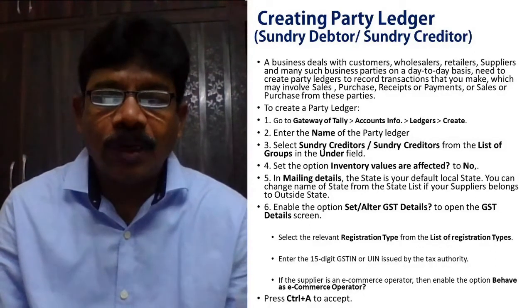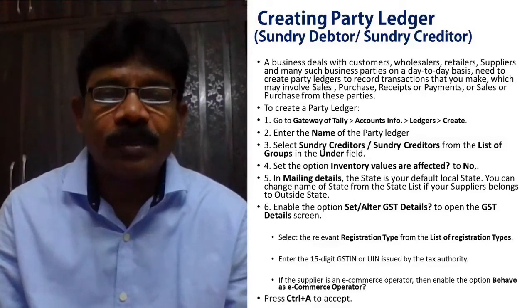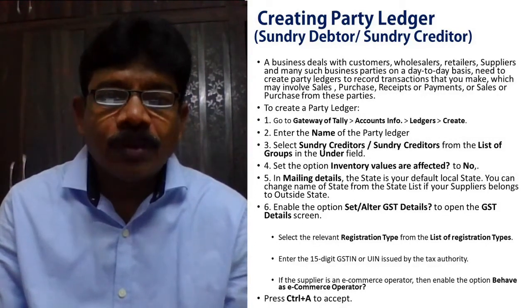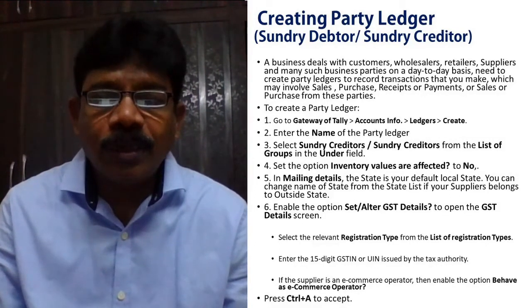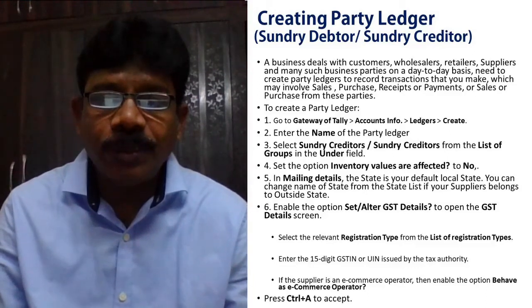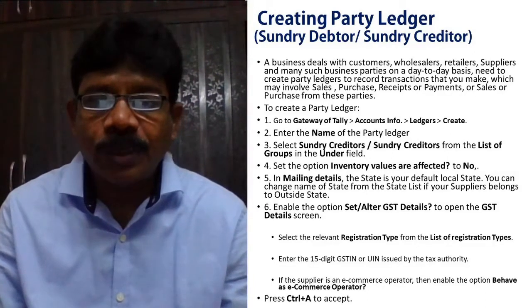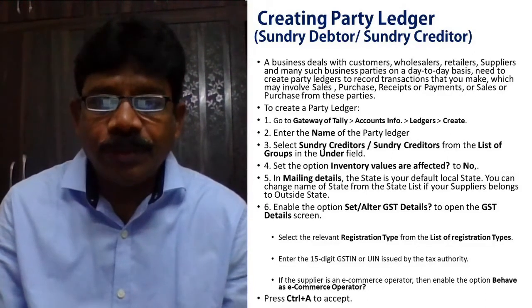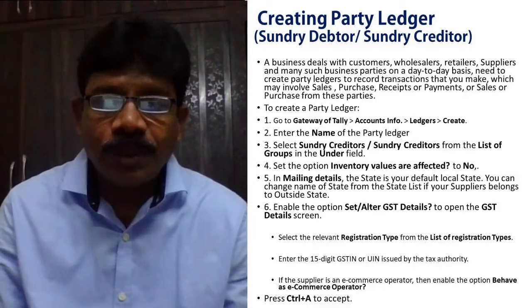Enter the name of the party, select the group under sundry debtor or creditor, and set the option inventory values affected to no. In mailing details, don't forget to set the state.